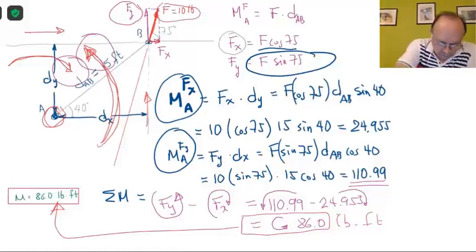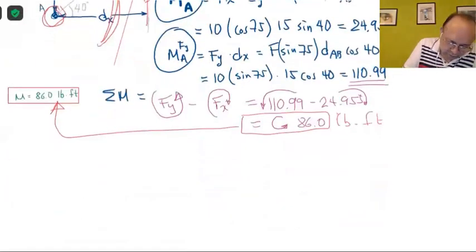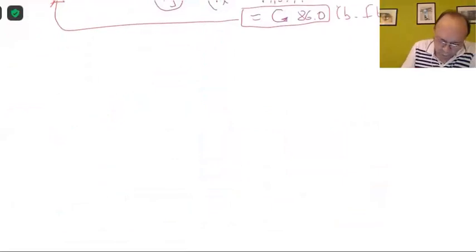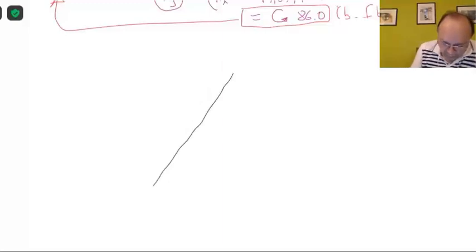So let me try to make a drawing here in order to show the direction of the moment vectors. We won't be dealing much with that. Just clockwise and counterclockwise direction will be enough for us. But let's do this discussion real quick here. So let's say we have here the xy plane.